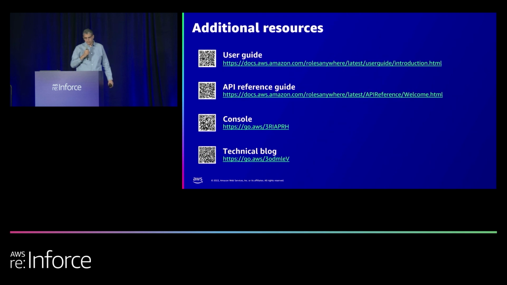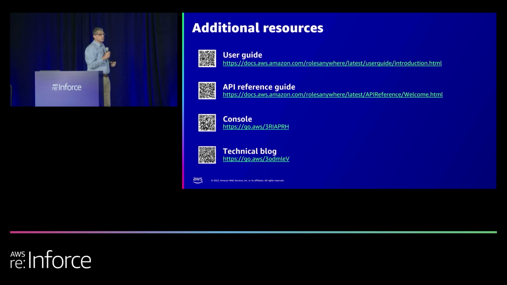So here are some additional resources that we believe could be helpful for you. The first one is a reference to our user guide, where you get full documentation about IAM Roles Anywhere and how it works, and all the configuration that my colleagues showed to you today. We also have here the reference of the API, where you will see all the APIs that you can use to configure IAM Roles Anywhere.